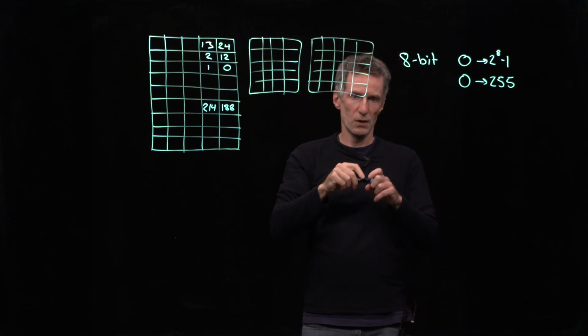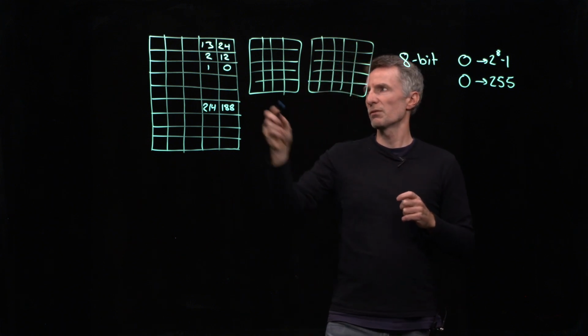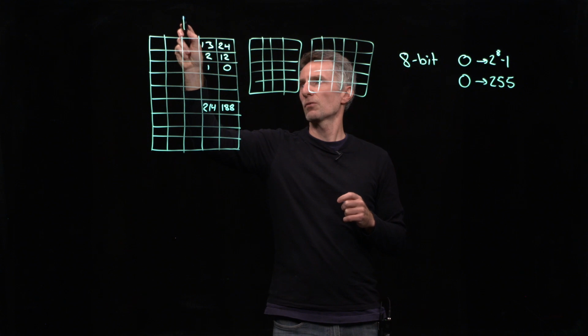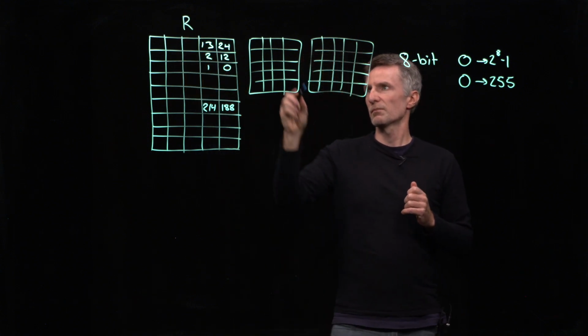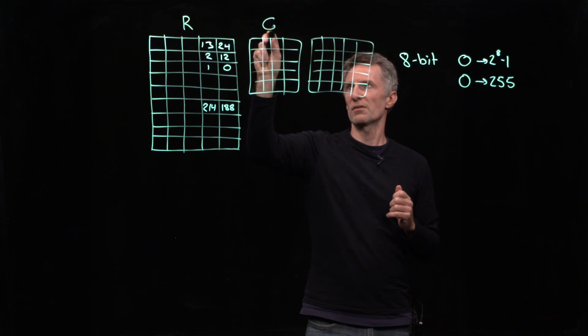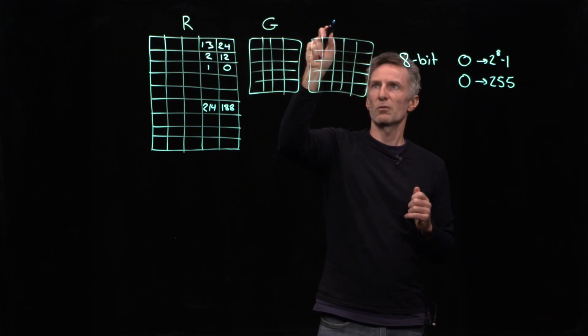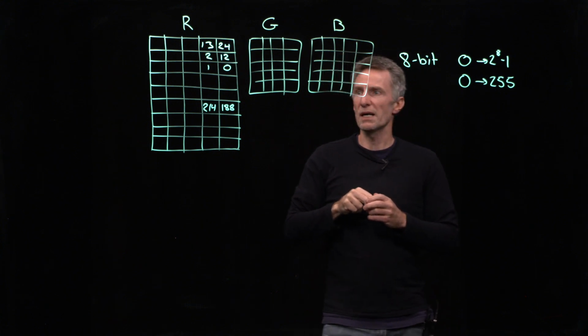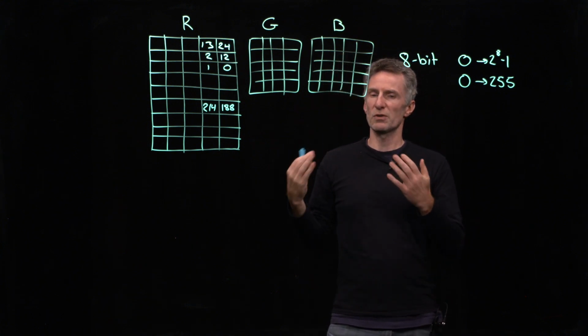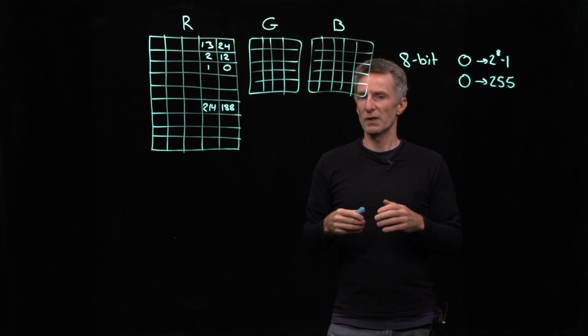If we have normal color imagery, we will have one grid that stores the brightness in the red wavelengths, another grid that stores brightness in the green wavelengths, and one that stores brightness in the blue wavelengths. And when we combine all of these and display them together on a computer screen, we get a color image.